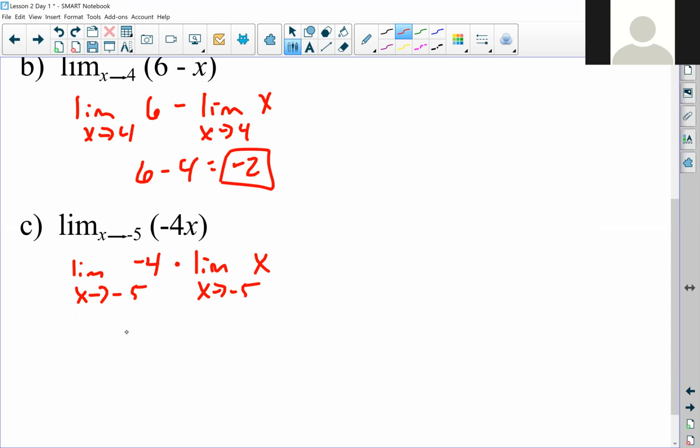So again, our limit of -4, doesn't matter what x approaches, we get -4. Limit of x as x approaches -5, so I get the value that I'm approaching to give me a positive 20. So again, you could also find that just by taking -5 and plugging it in. There will be times when we can't do that. Today is not one of those times.